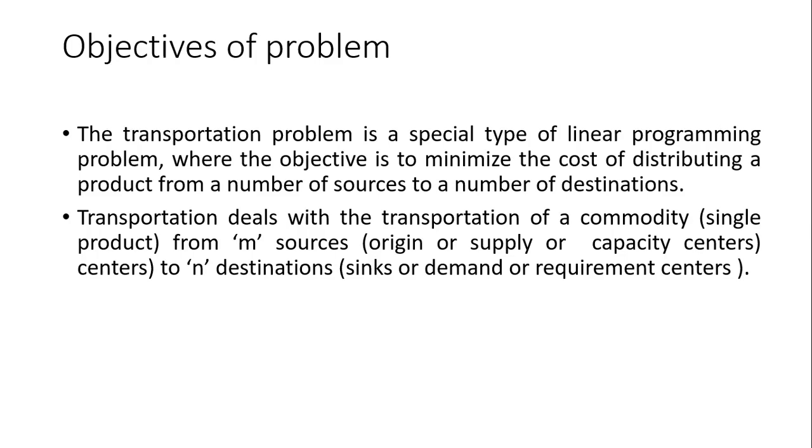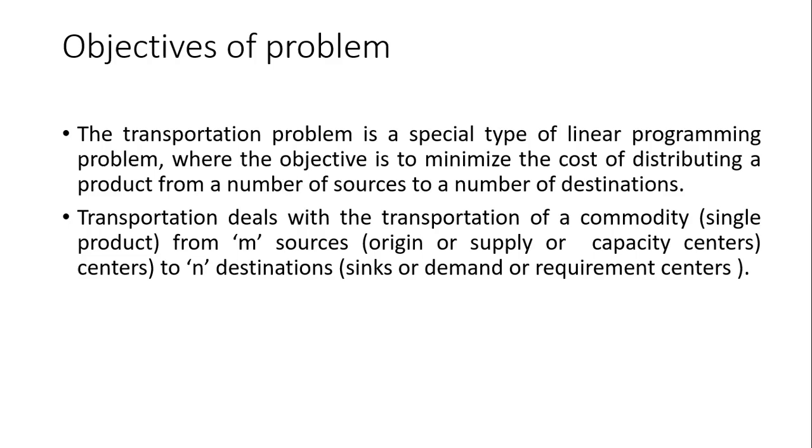This is the primary objective of the transportation problem. Based on the number of available resources at the destination, we can attempt to reduce the cost function between the two regions, source and destination.